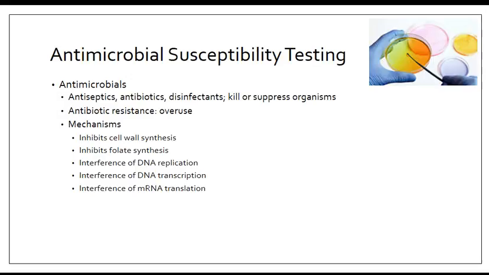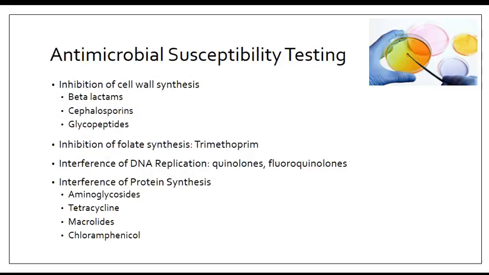Some inhibit cell wall synthesis, some inhibit folate synthesis, some interfere with DNA replication and transcription, and messenger RNA translation. And the end result for all of these is that the bacteria cannot survive without these things remaining to go on.